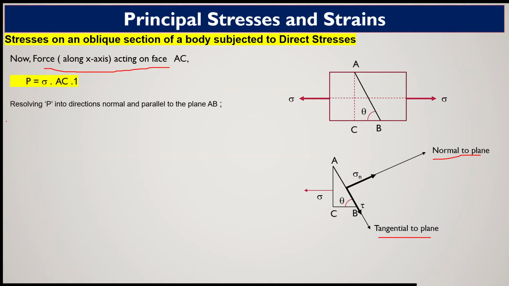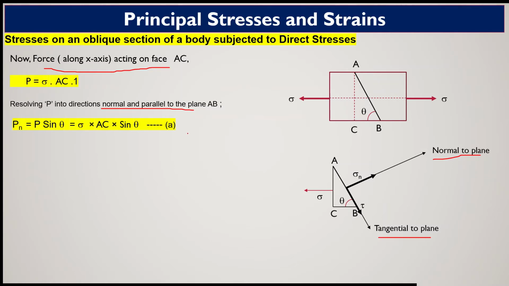So we resolve this P force due to the direct stress into two components, normal and parallel to the plane AB. This is given by the formula Pn is equal to P sin theta, and putting the value of P, sigma AC into sin theta.